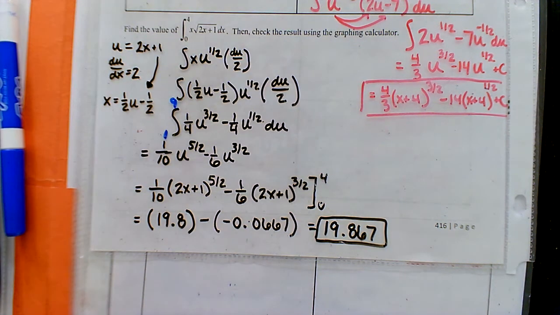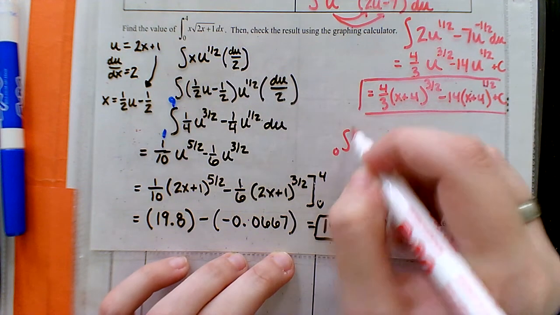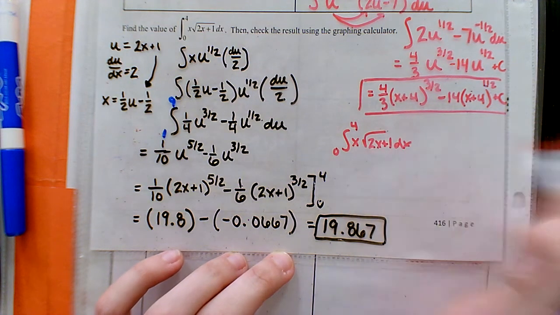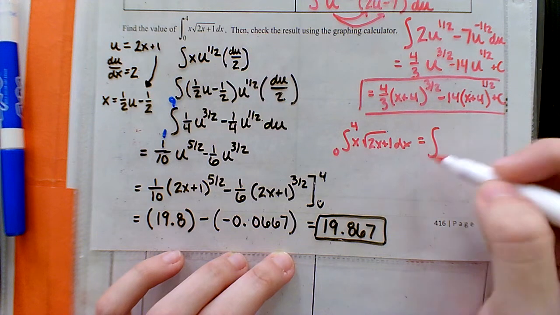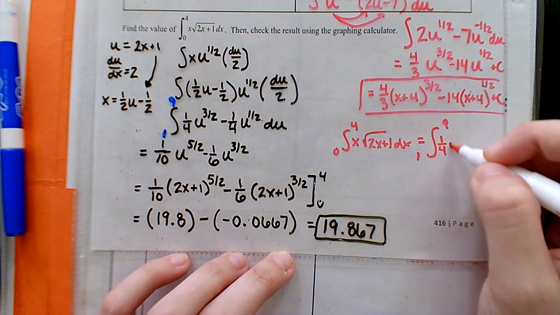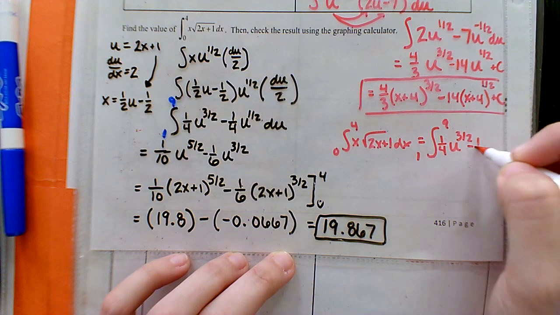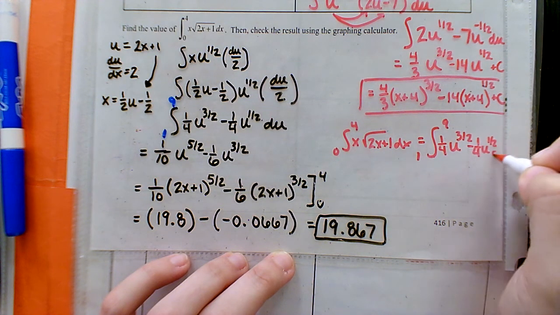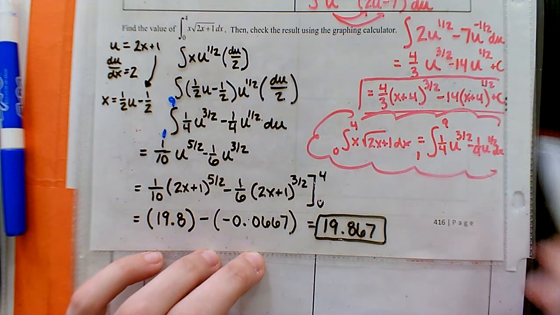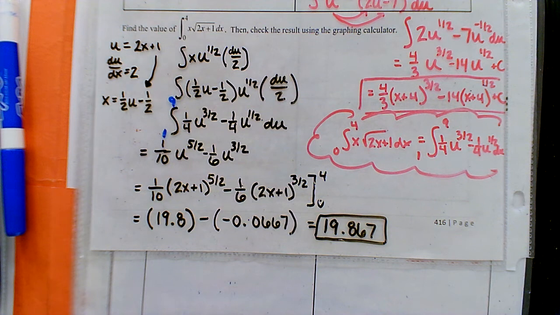So if we were to actually write this out, it would look like the integral from 0 to 4 of x square root of 2x plus 1 is equal to the integral from 1 to 9 of that u integral that we found using the u substitution. Okay, those are equivalent. They are exactly the same. So when you change the integral from x's to u's, you actually change the bounds as well. Does that make sense?